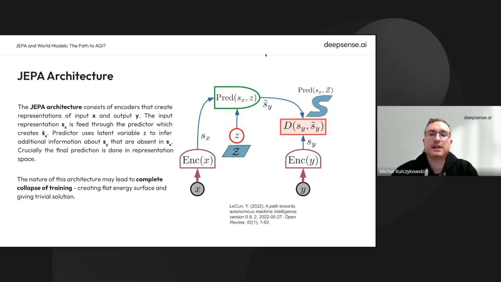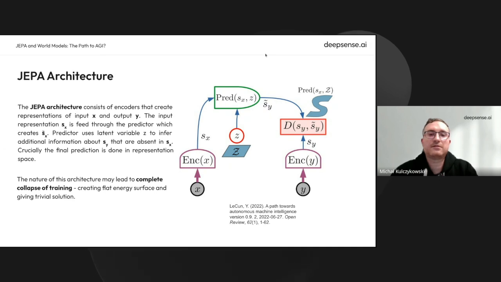The predictor takes the value of the input and takes into consideration latent variable z, which possesses information that is lacking in the context, and tries to predict from that the encoding of the output. And together they are trained using some loss on those encodings.